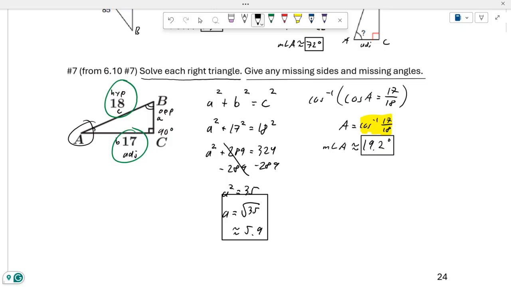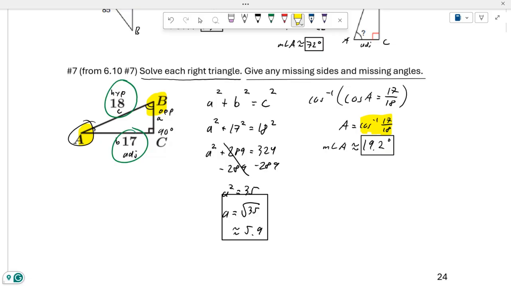Not only do all three angles sum to 180, but because one of my angles is itself 90, my other two angles, angle A and angle B, must also sum to 90. So in a right triangle, your acute angles are what are called complementary. They sum to 90 degrees.